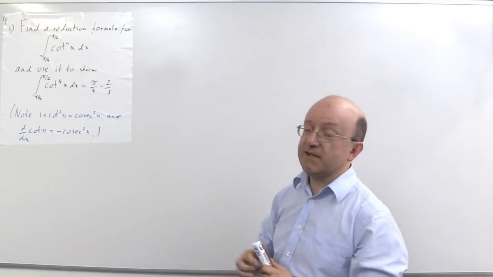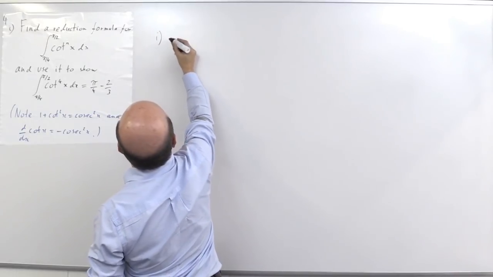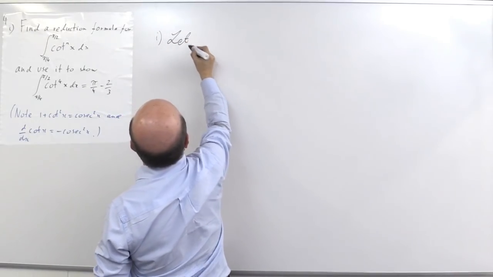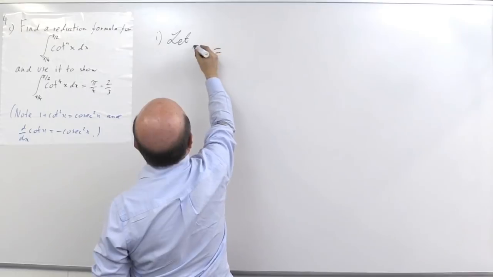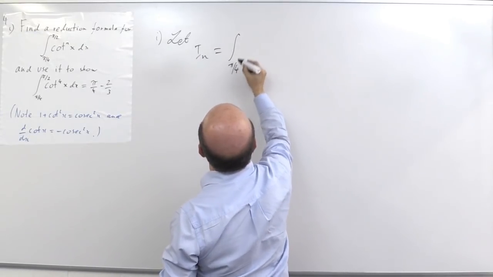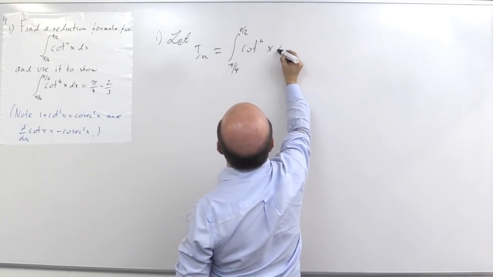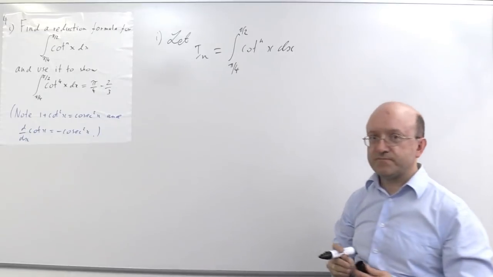Now we're going to begin by giving this integral a name, a convenient name. So we'll say, let I n be this integral from pi on 4 to pi on 2 of cot to the n x dx.